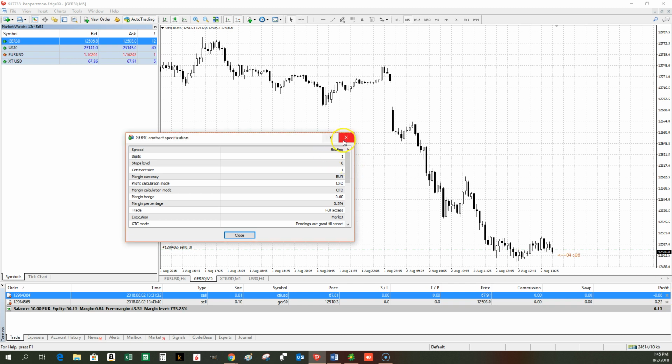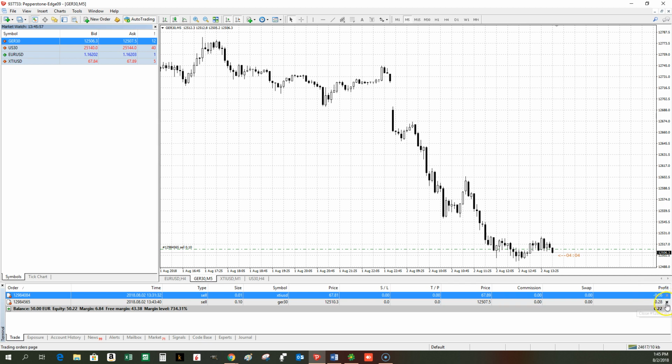This is what I'm gonna do. I've got 30 cents profit, and I want to get rid of my oil, which is actually not moving much.